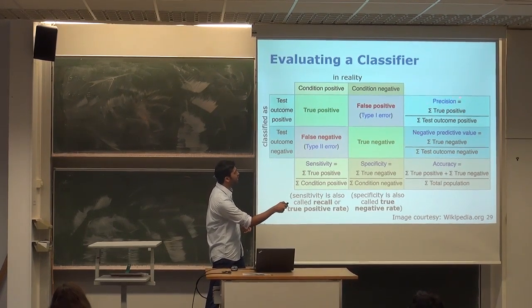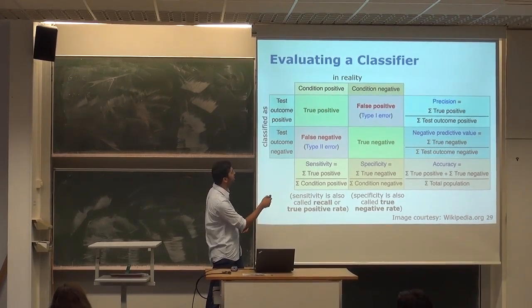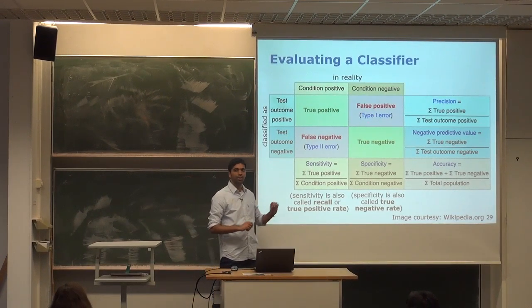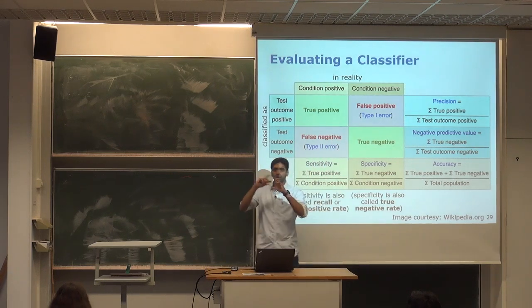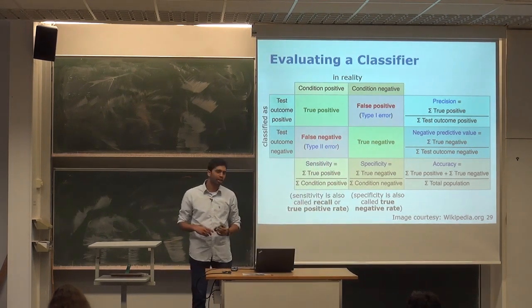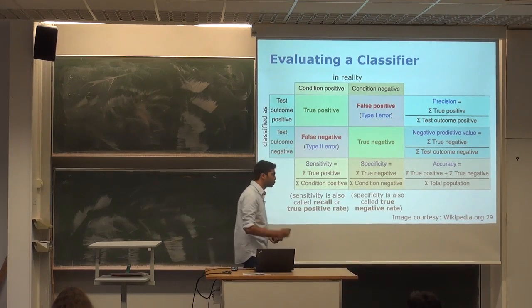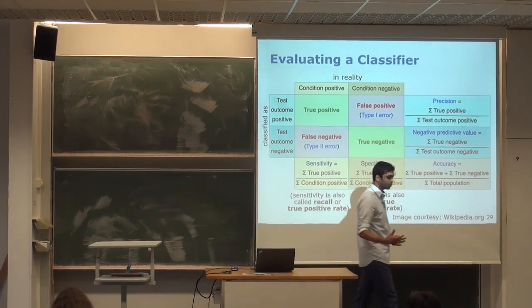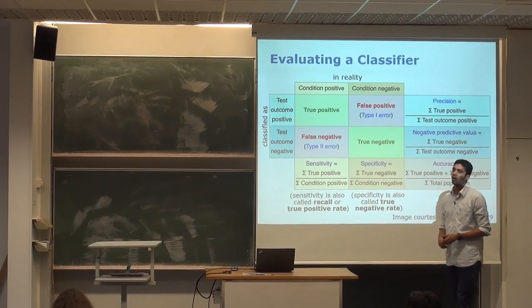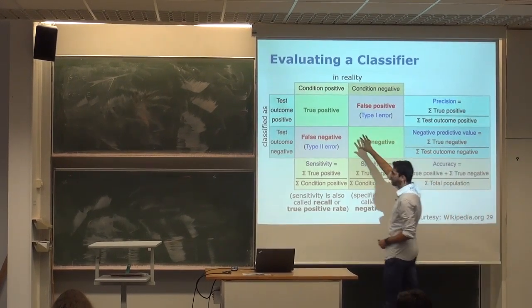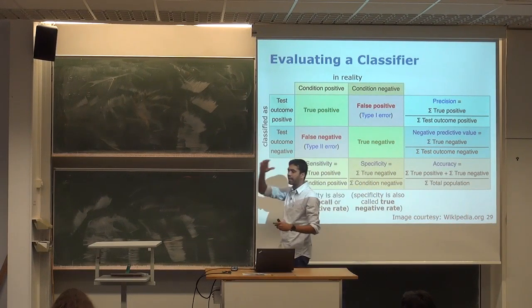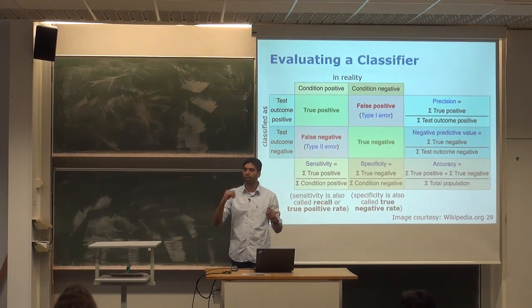So if precision sits here, it means it's this one divided by both these columns. Each one of these rows and columns corresponds to a specific metric. The metric you choose to evaluate your classifier depends on the application. For example, say you have an application of detecting pedestrians in an urban environment.